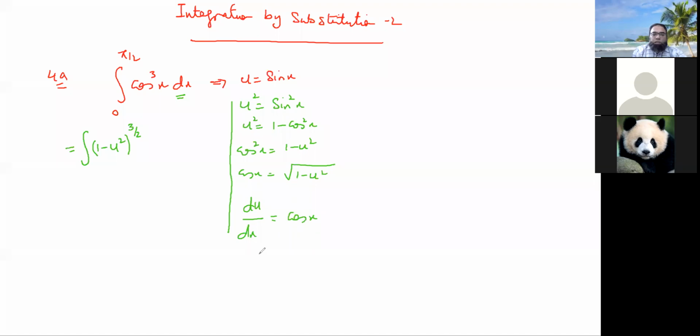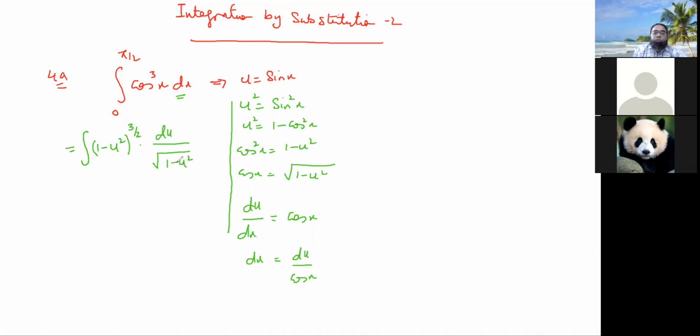So this dx is going to be du over cos x. If I had waited over here, then I would have saved some time. But okay, I am going to write it as du by the square root of 1 minus u square.